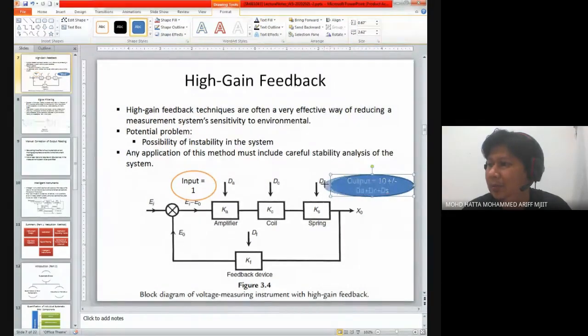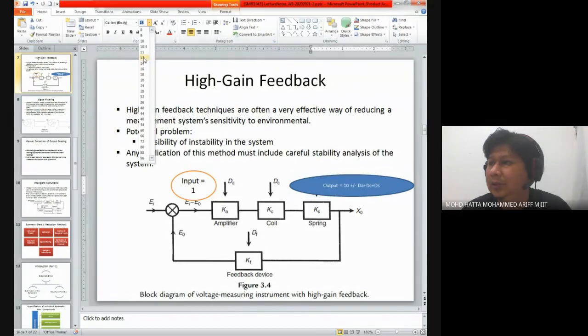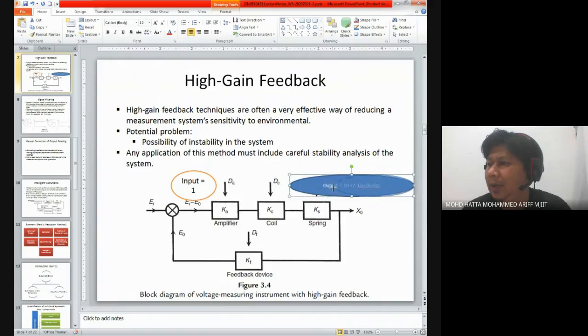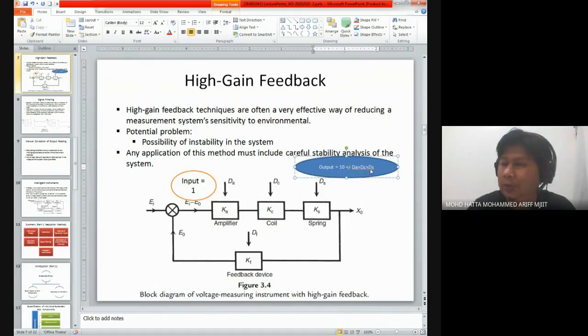This is the expected output that I would get due to the disturbance, maybe 10 plus the influence of dA, dC, and dS.